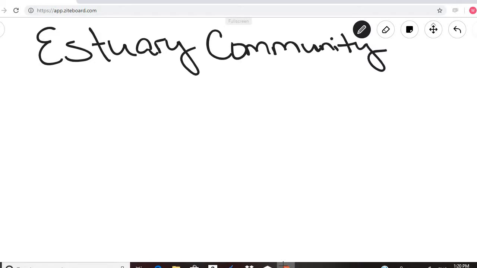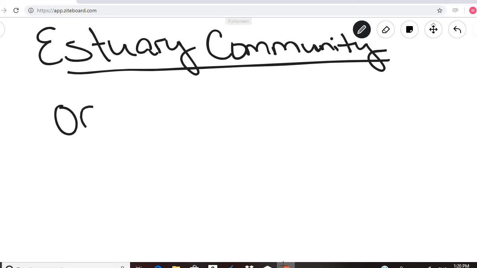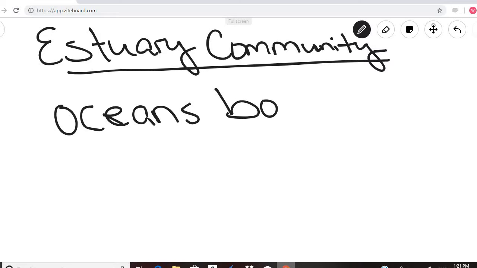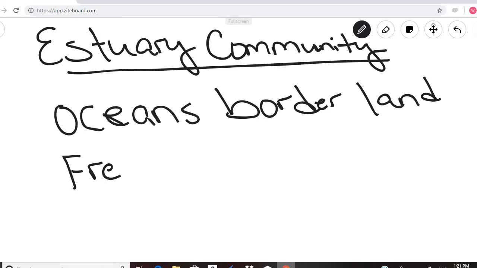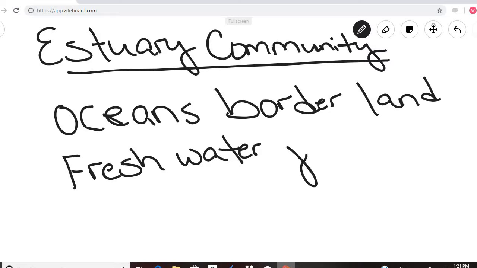Okay, so an estuary community. What do we mean by an estuary community? Well, this is where oceans border the land. In other words, this is where fresh water joins salt water.